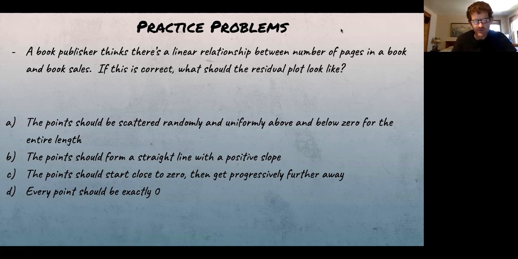So a book publisher thinks there's a linear relationship between number of pages in a book and book sales. If this is correct, what should the residual plot look like? Now, the assumption here is that we're talking about a scatter plot. So you might decide for yourself that longer books sell more, or you might decide it's a negative correlation and that longer books scare people and they look for those short books.